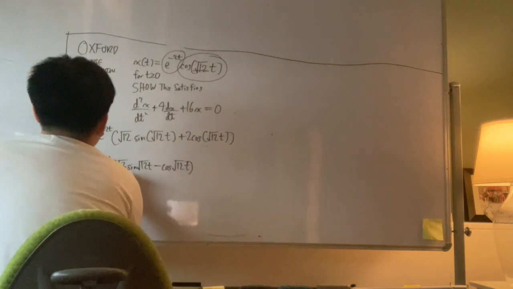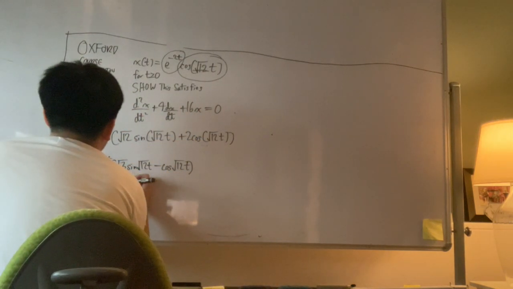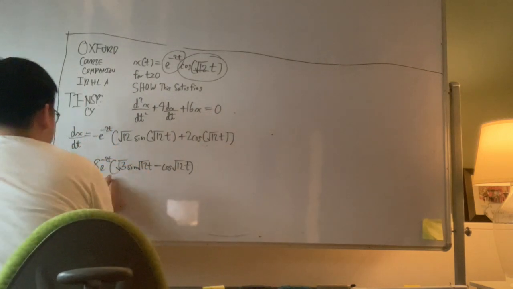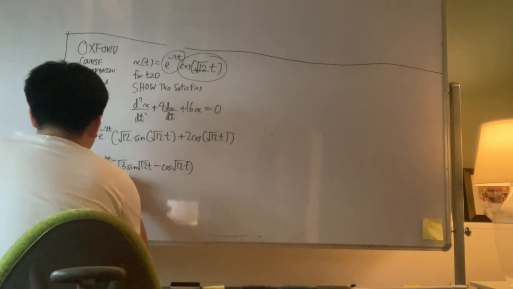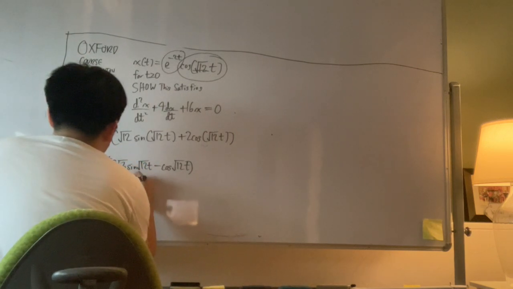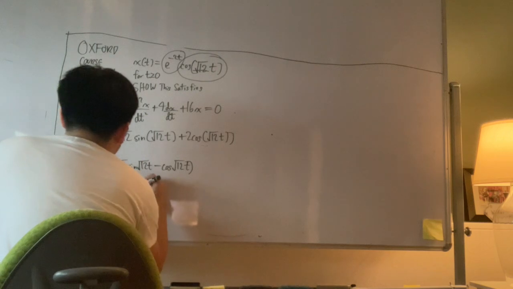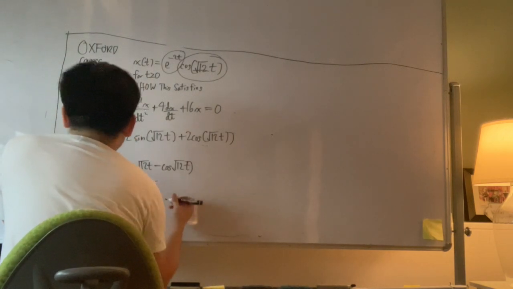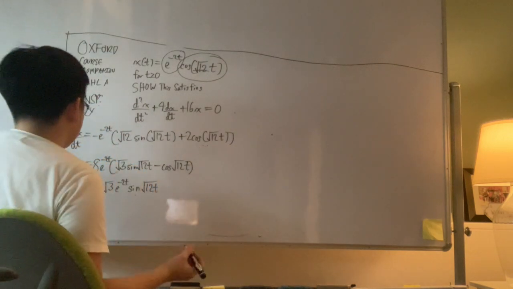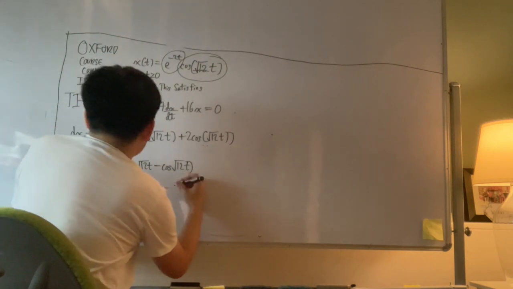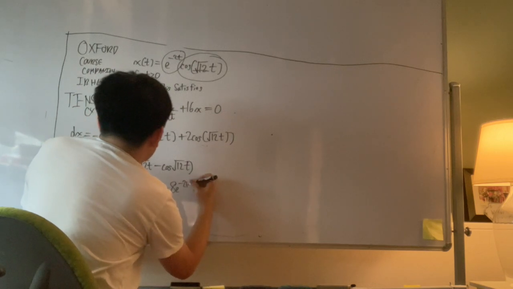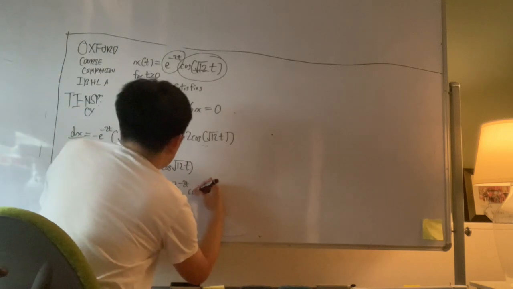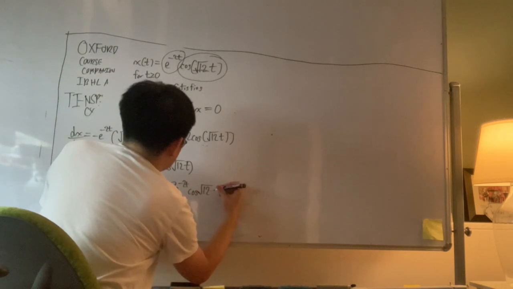This is going to give 8 square root of 3 e^(-2t) sine of square root of 12t, minus 8e^(-2t) cosine of square root of 12t.